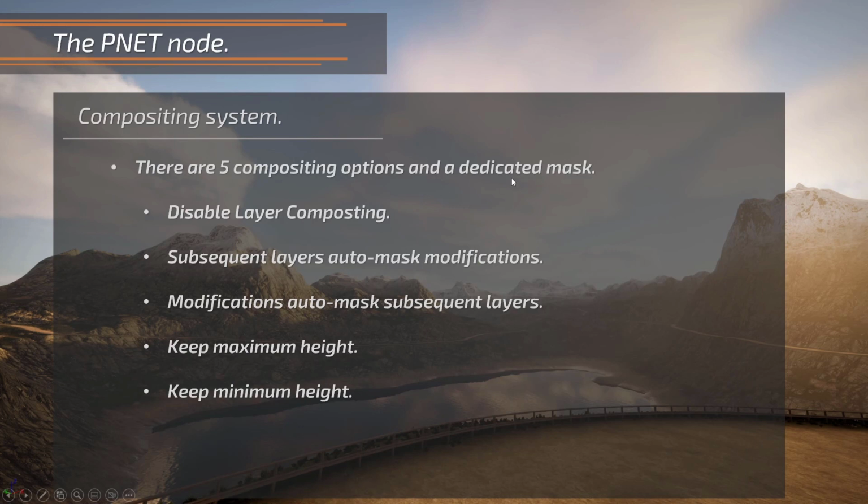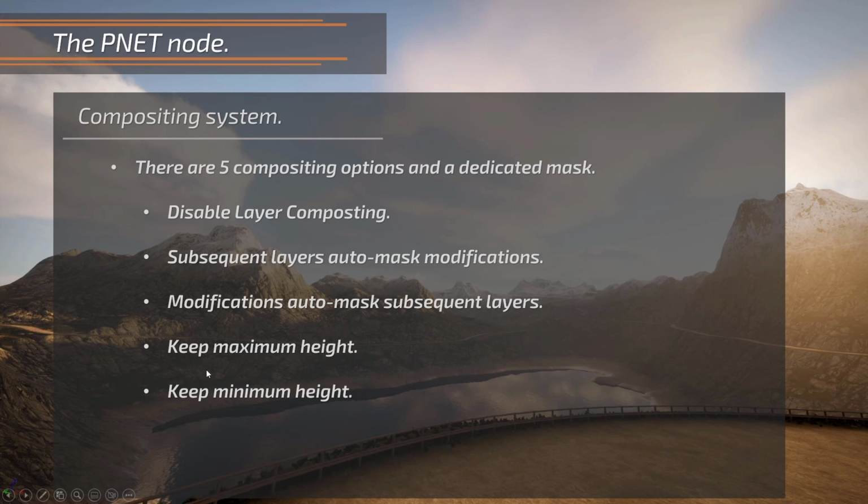So there are 5 types of compositing options inside the system. We can disable it entirely. We can make subsequent layers auto mask our modifications to the height field. We can do the opposite, so modifications auto mask the subsequent layers, basically push through any changes regardless of whatever was there, effectively erasing any hand painting or subsequent changes in other layers.